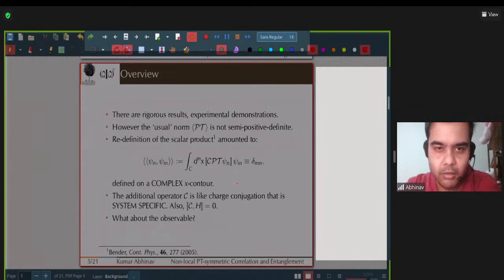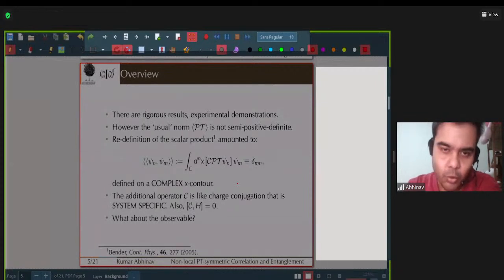These systems are experimentally studied and rigorously shown to have real spectra. In optical systems, we end up with systems without net gain and loss, and the Hamiltonian is always PT symmetric in those cases.